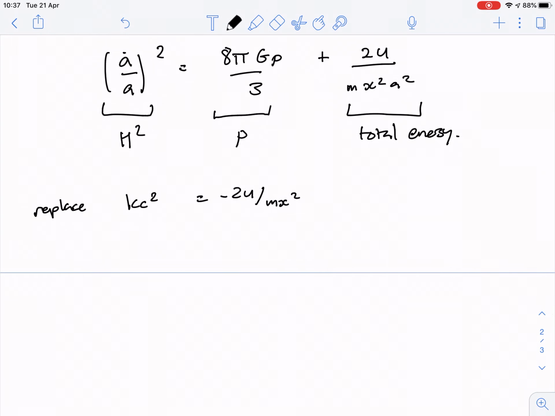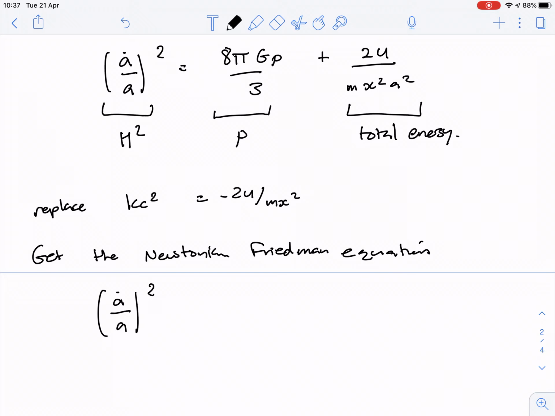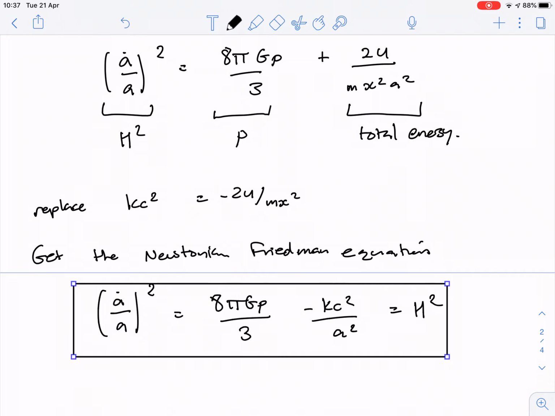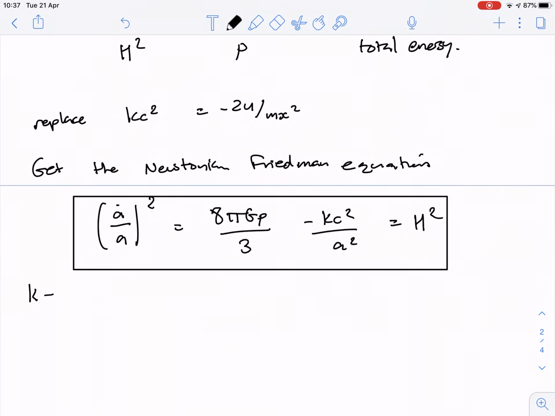And then that gives us the normal version of what we call the Newtonian Friedmann equation, which is (a dot over a) all squared equals 8 pi G rho over 3 minus k c squared over a squared, and of course that is all equal to H squared. And k here is the curvature.